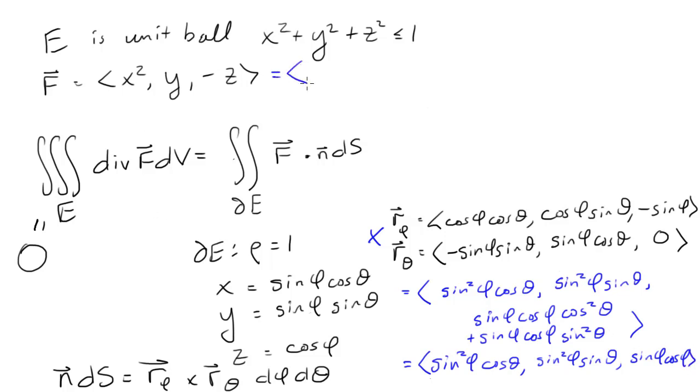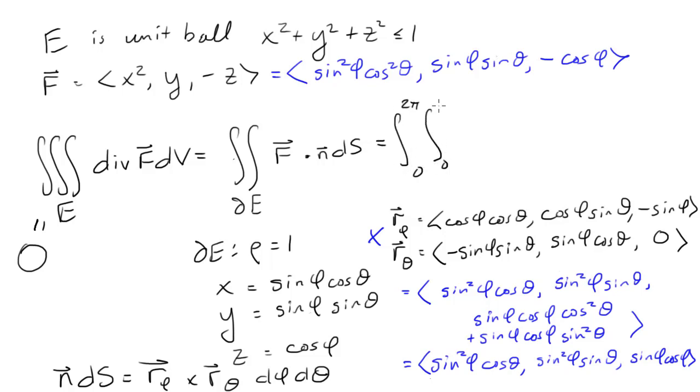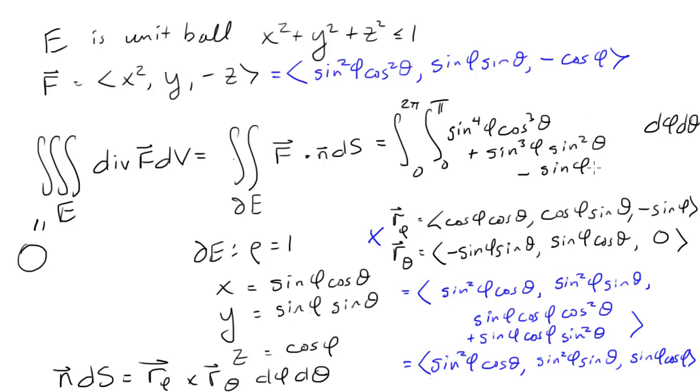Plug the parameterization into my function. So now I want to plug my parameterization into the integral. I'm integrating over phi and theta. I dot those two vectors. And integrate.